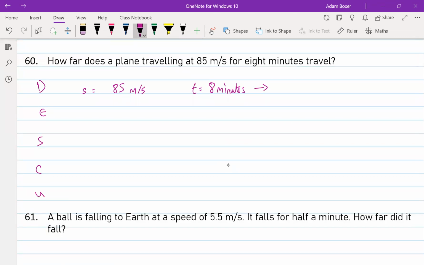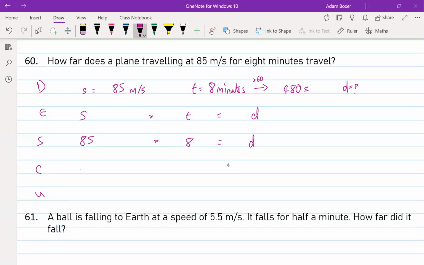So we're going to change that straight away. We're going to do 8 times 60. And we're going to get 480. And D is still a question mark. S times T equals D. 85 times 8 equals D.